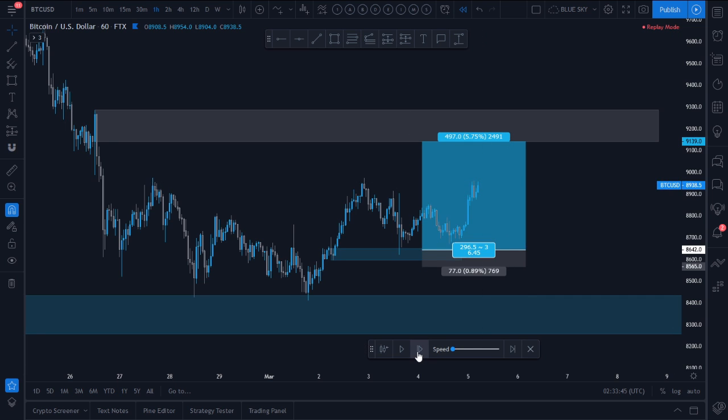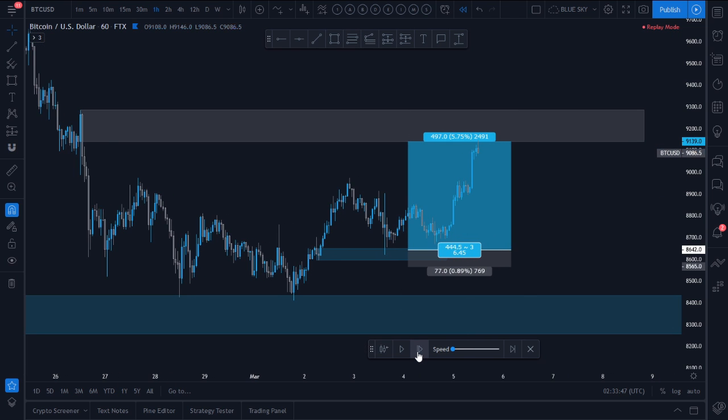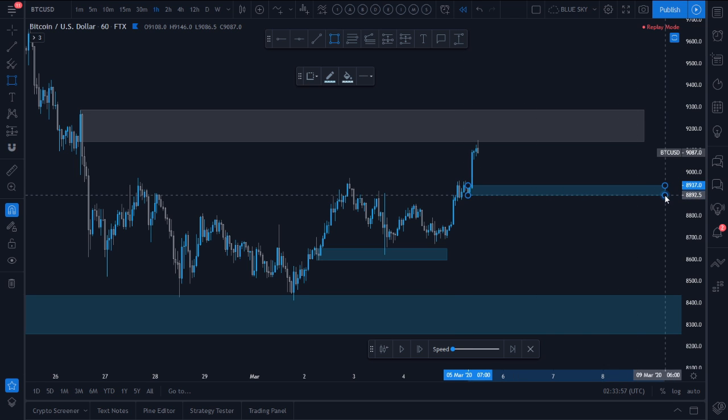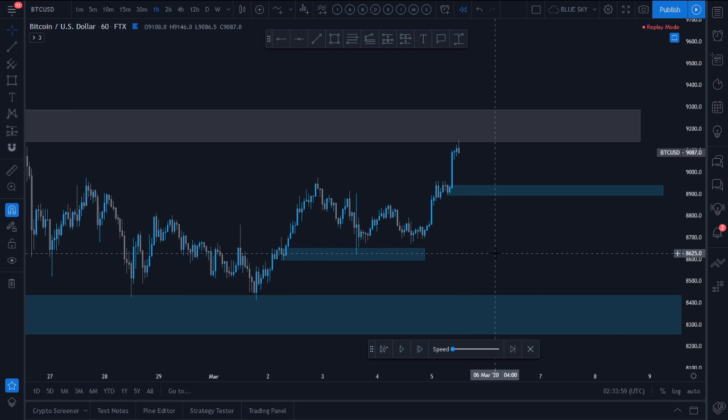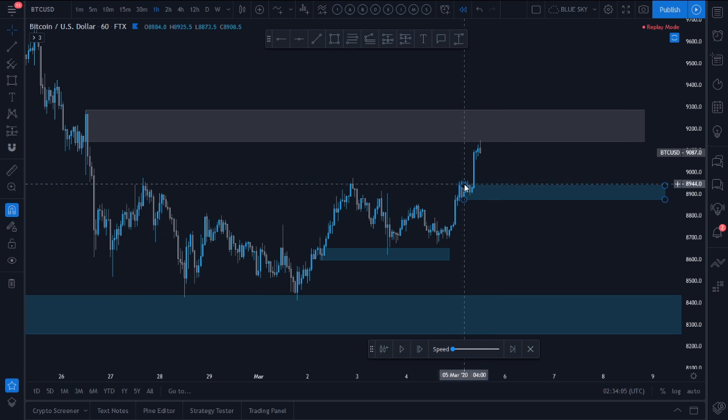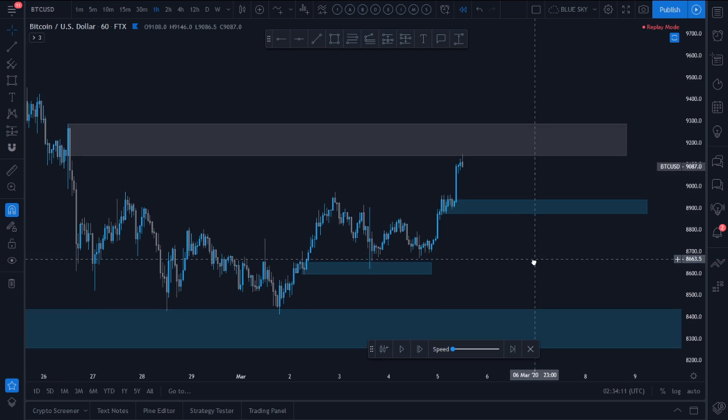So yep, price did reach that range, and on its way it made this demand zone as well. I will mark this one here completely as demand zone because I want to go into the smaller time frame. Then I'm going to look exactly where the demand zone could be.